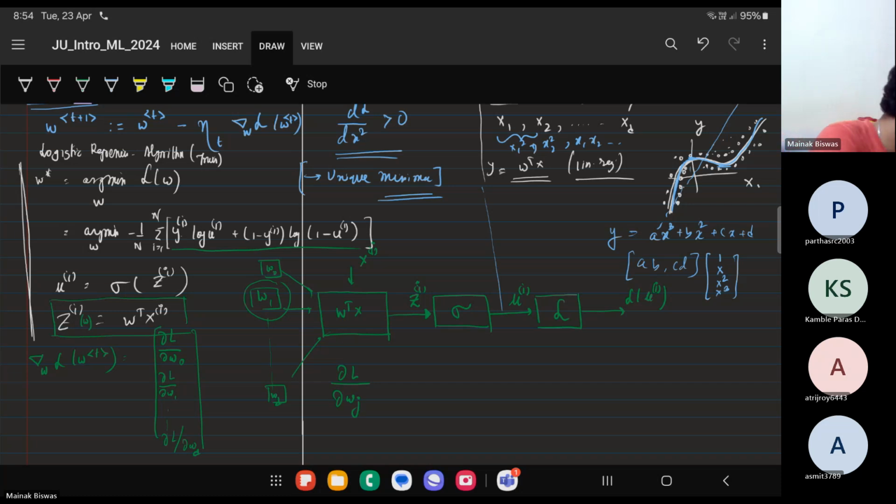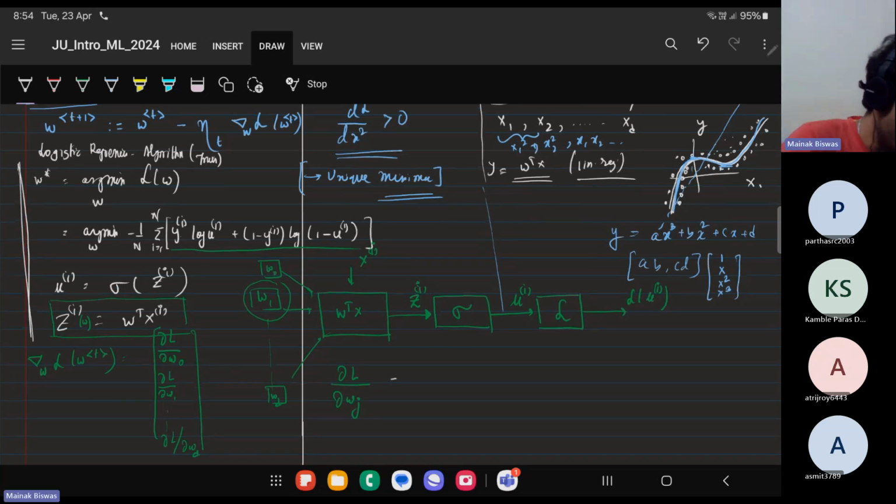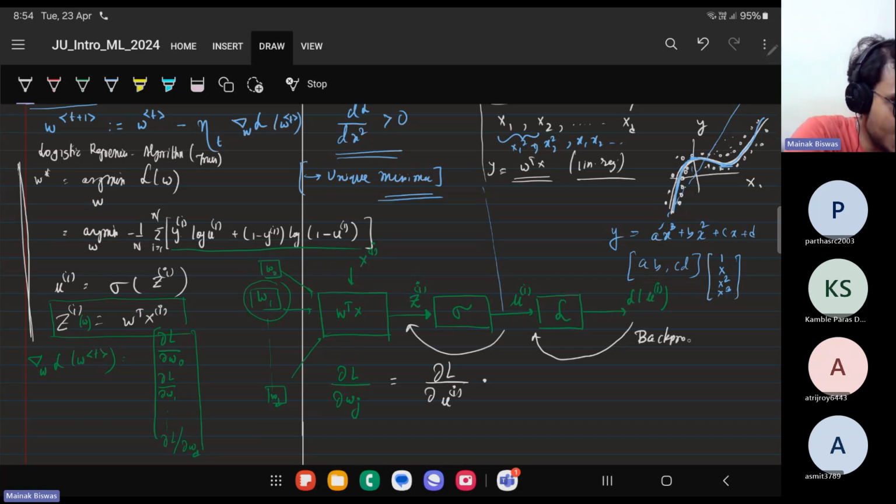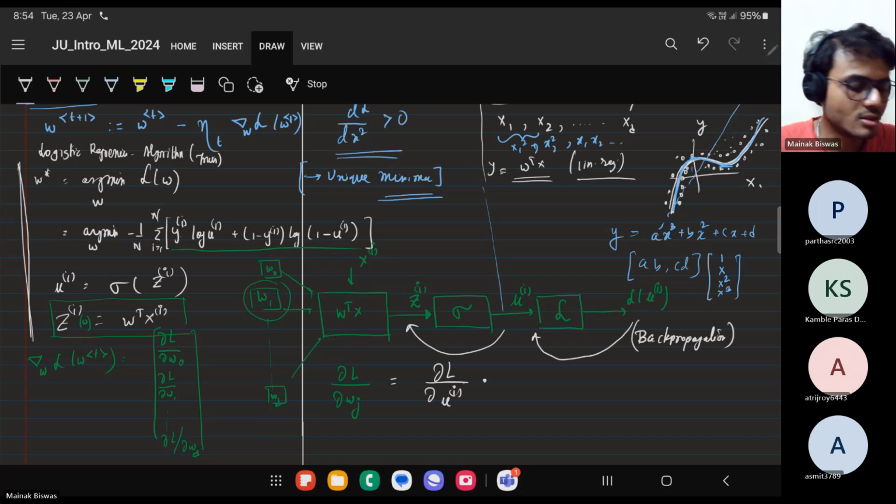So how can I get that? If I do the first step like this, I write dL/d mu i. Then I do the second step backwards. I'm doing it backwards. This will be very useful in MLP. It's called backpropagation. Forward pass, you have to do a lot of housekeeping if you take the derivative not in the correct order.